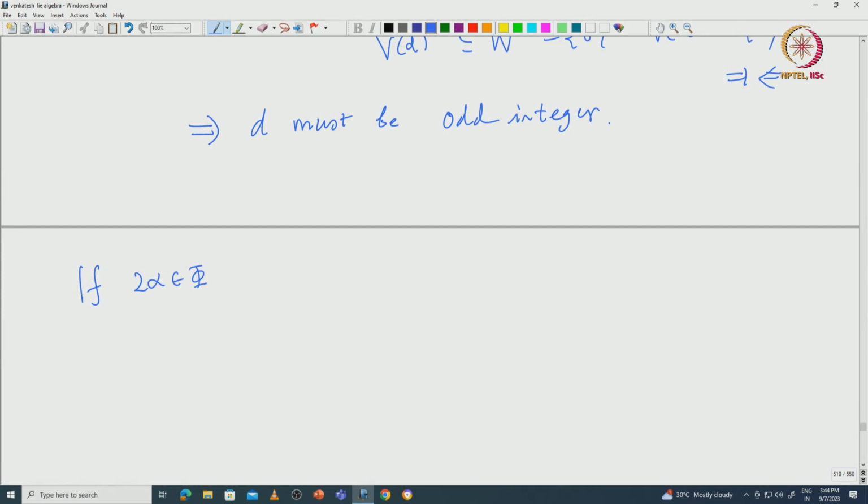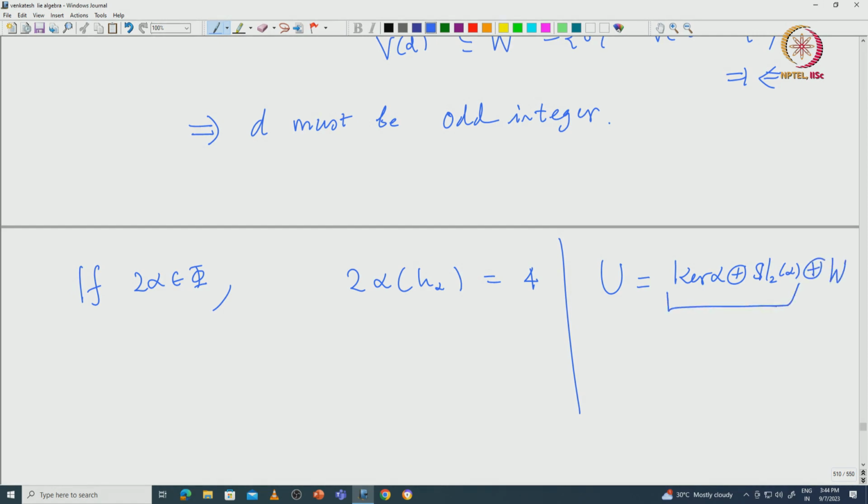So, if 2 alpha is in phi, then just compute 2 alpha of H alpha, you can see that that must be 4. But what is U? U is already given to be kernel alpha direct sum SL2 of alpha direct sum this W, but we know how to decompose this kernel alpha direct sum SL2 of alpha.